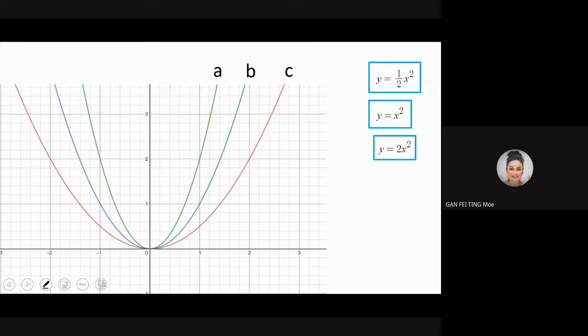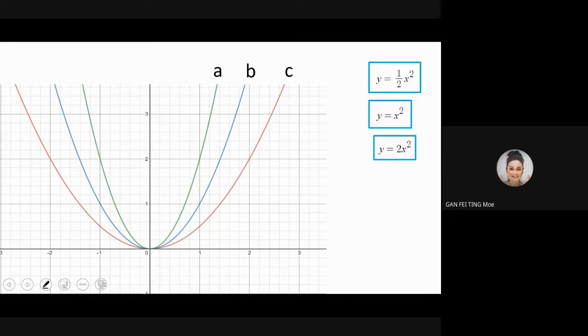What do you mean by yes? I asked you to say A, B, C. Which one is which? Match. A is 2. Okay, you mean the A is 2.